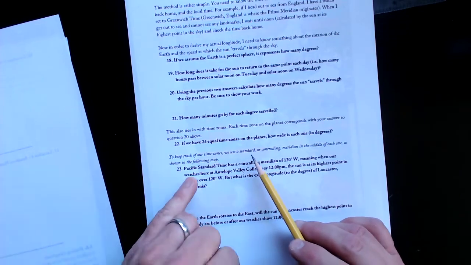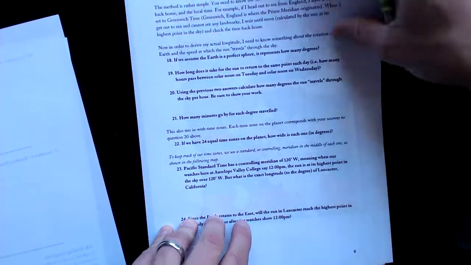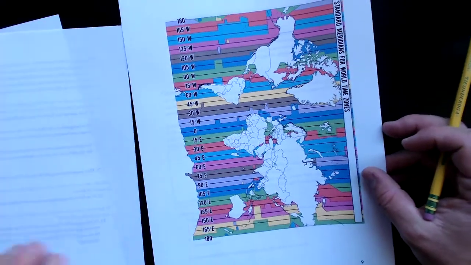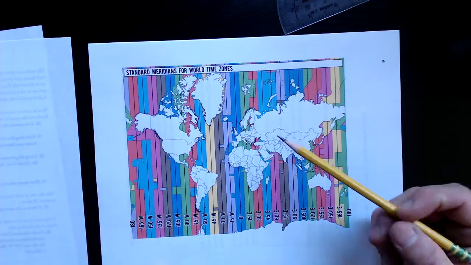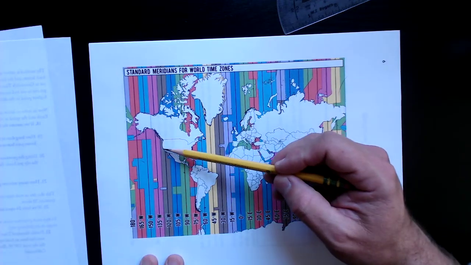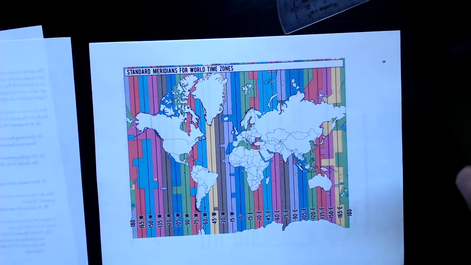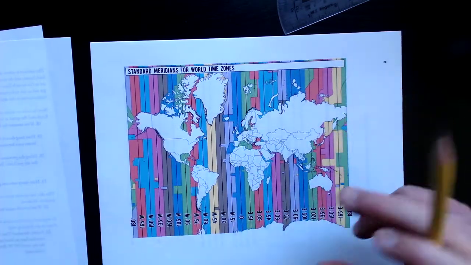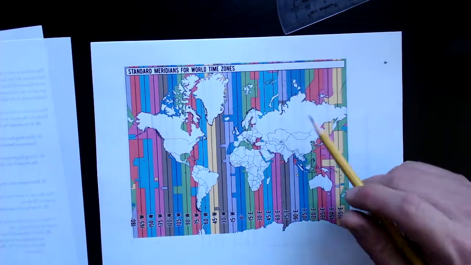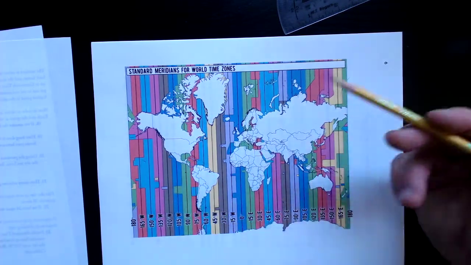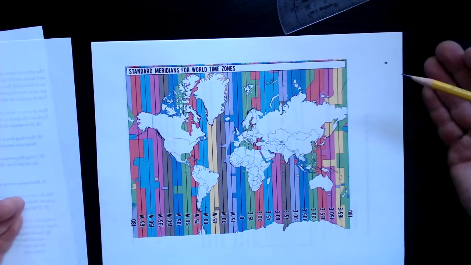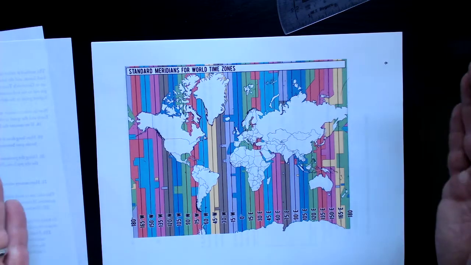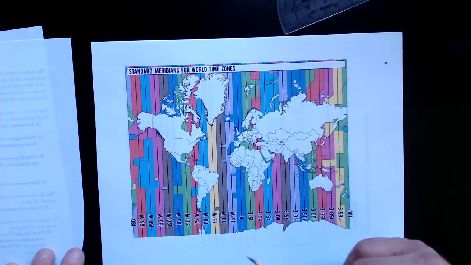Now we're going to get into time zones in this section, and to make it a little easier for you, we've also placed this world time zone map in here. And the way to read it: here we are in California, in Pacific time, Pacific Standard Time or Pacific Daylight Time, depending on whether it's daylight saving or not during the year. But what this whole time zone idea means is that our watches are set to what the sun is doing at this controlling or standard meridian.